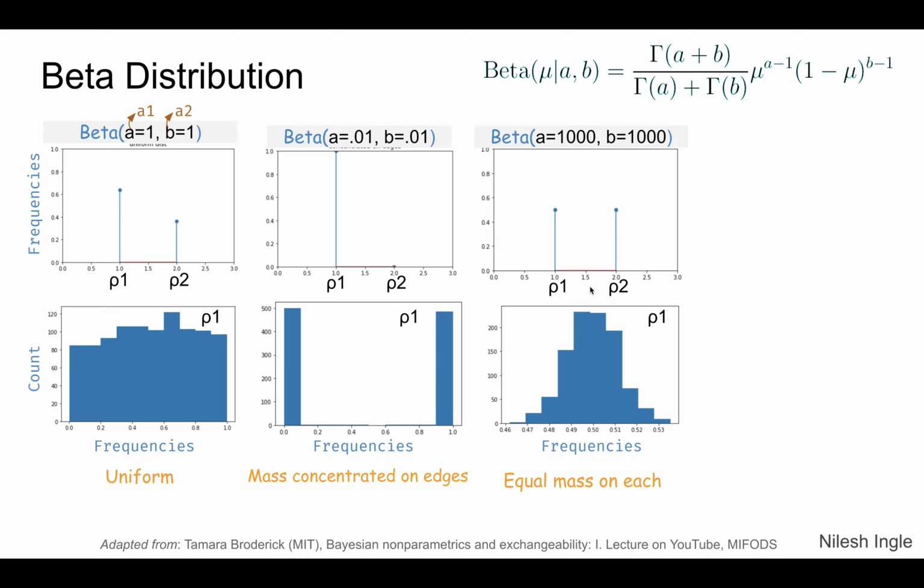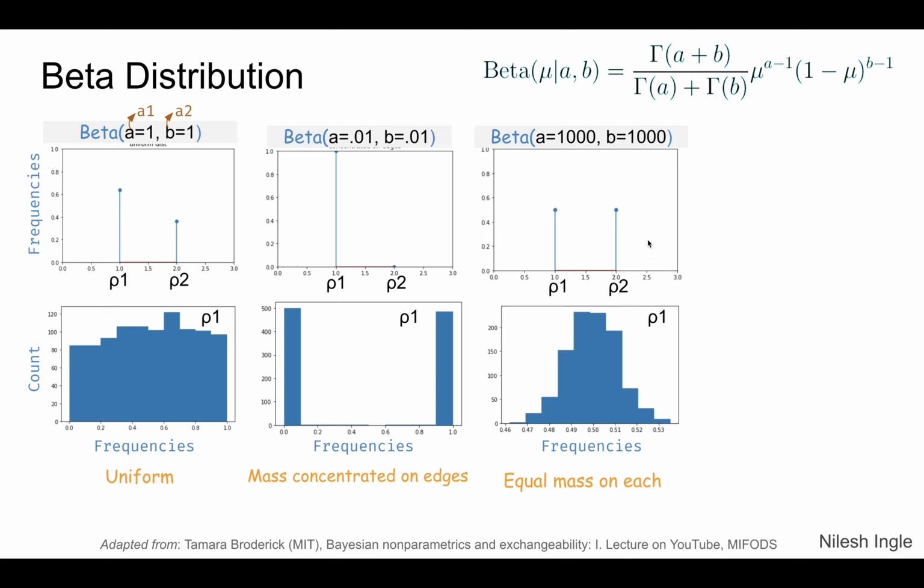And we sample row 1, let's say several hundred or several thousand times, and if you plot them, we get a distribution which looks like a normal distribution as shown down here. So it's telling us that there is equal mass on each of these.